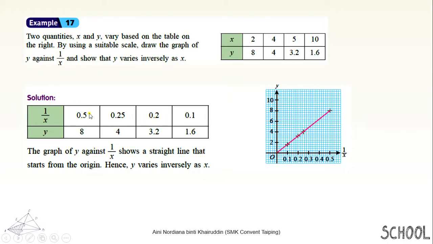Here 0.5 is actually 1 over 2, and this one is 1 over 4. The value of x you get from the table. The graph of y against 1 over x shows a straight line that starts from the origin. Hence, y varies inversely as x. When the graph is a straight line and passes through the origin, hence y varies inversely as x.